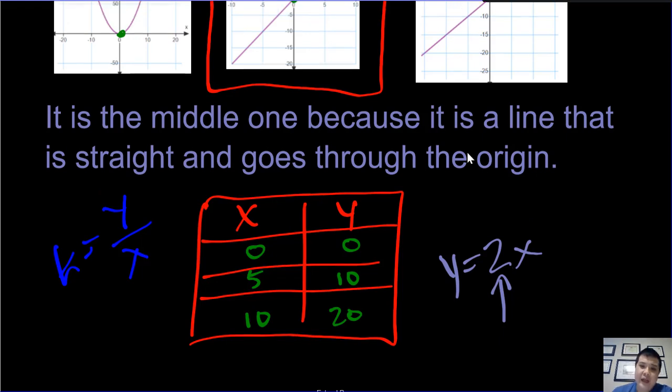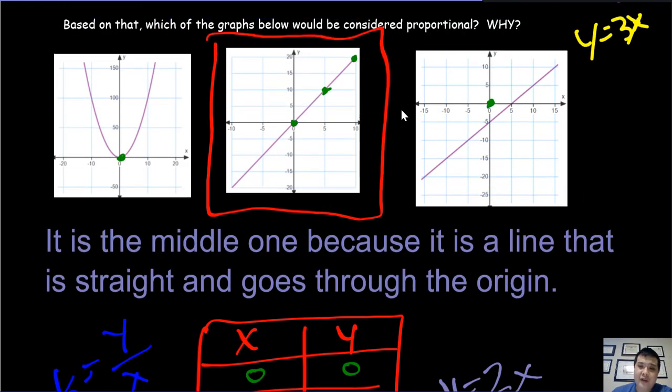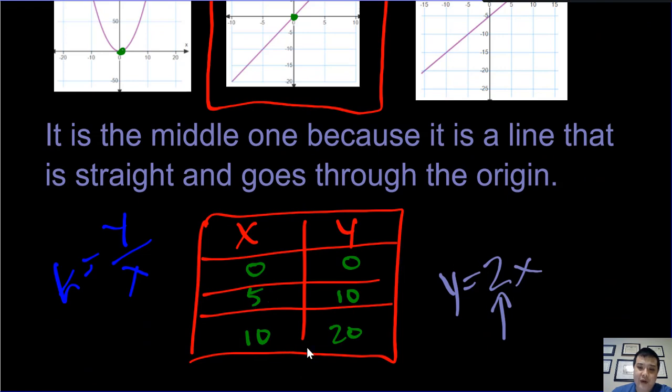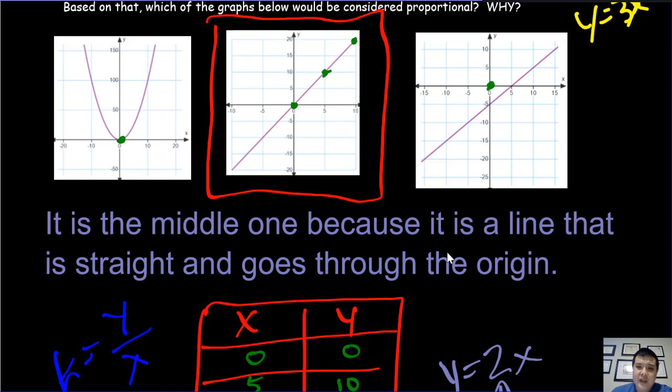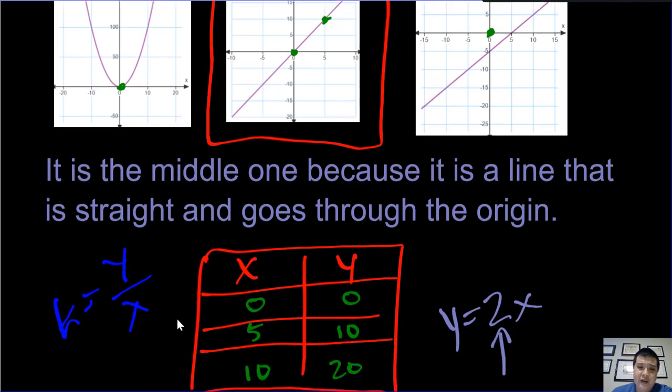We can do that with any point on the graph of a proportional equation and find out what K is by taking any point on there, either 5, 10 or 10, 20, and using that in our equation for the constant of proportionality.